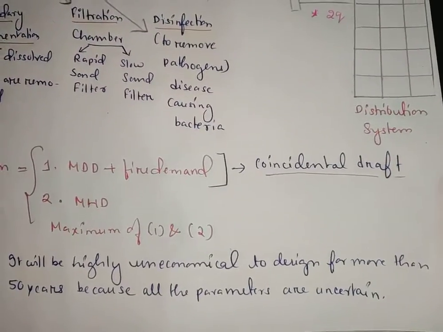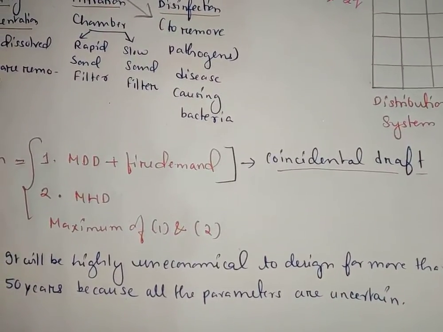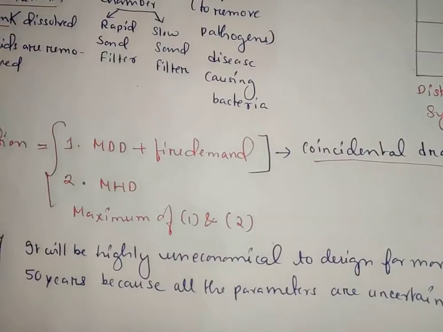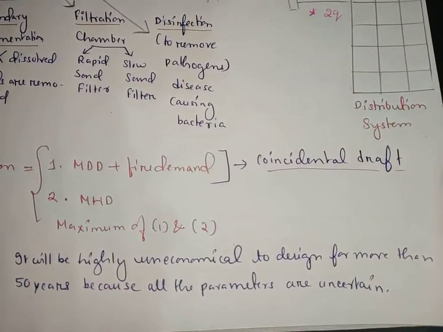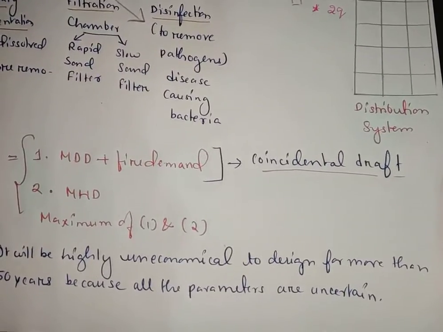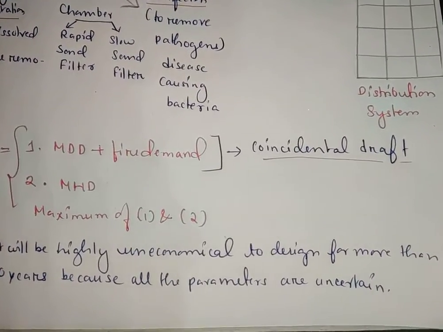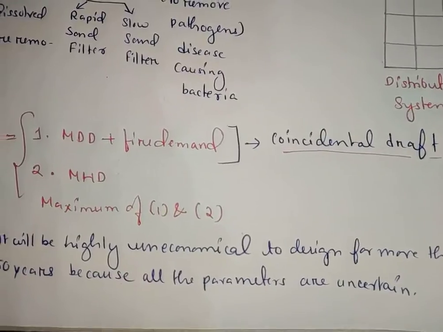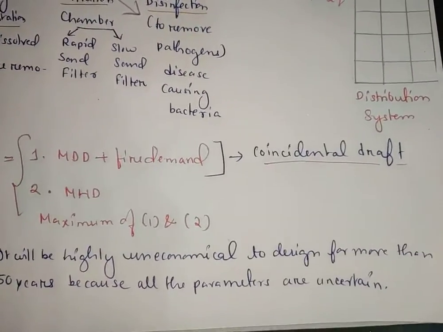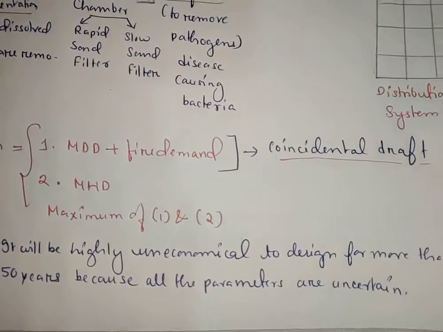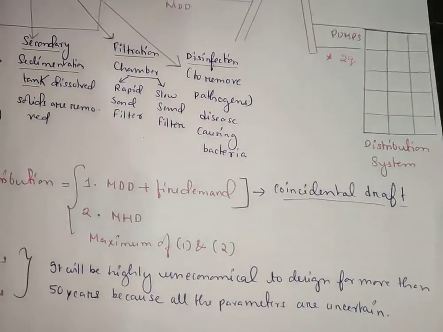Will the population of that area increase, or will people move out to other cities? It is not economical to use the revenue generated at present for future use. So a treatment plant is designed for a maximum period of 30 years.